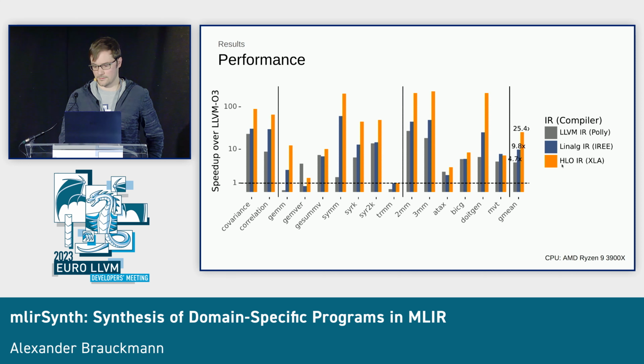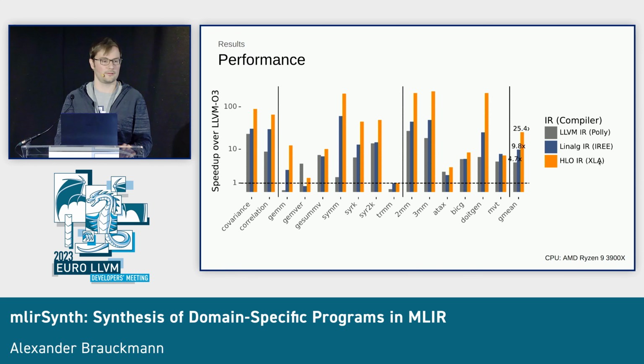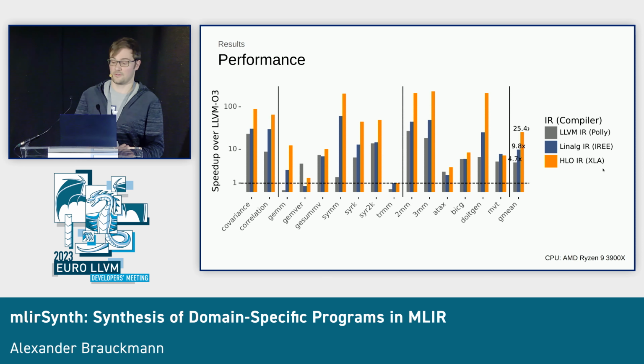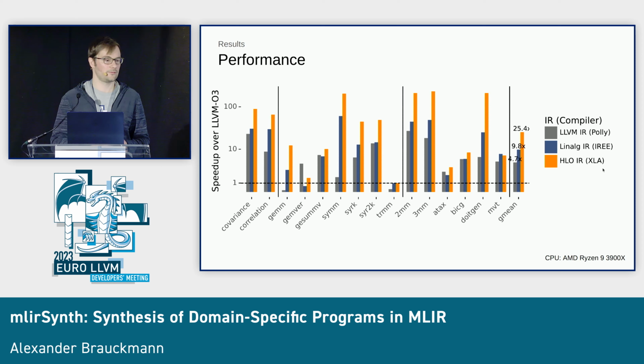Here's the performance that we can achieve with the raised operations. We first raised it to HLO and compiled it with XLA, and we get a geomean speedup of 25x, which is quite significant. However, one example we couldn't raise, it falls back to the default performance.